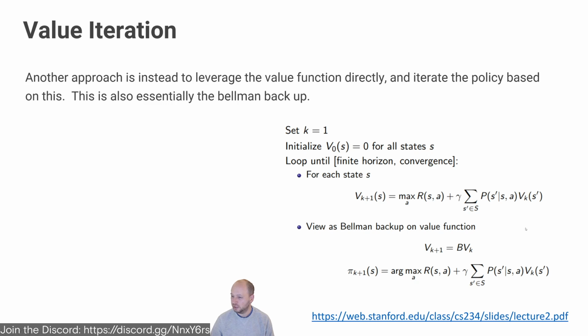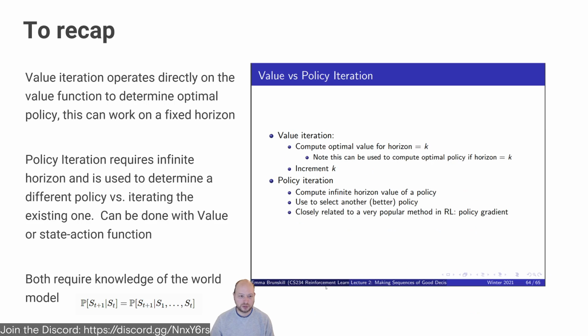So that's kind of it. Just to recap, with value iteration, we're operating directly on the value function or the state action pair. This is a good point to bring up too: policy iteration requires an infinite horizon case, and it does not operate on a policy at all.